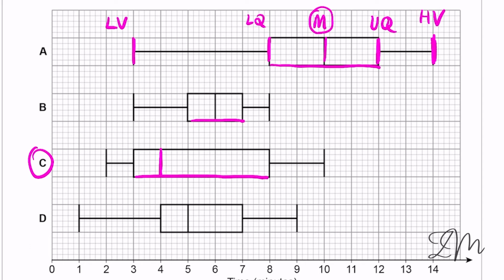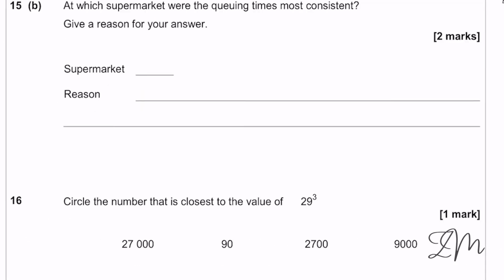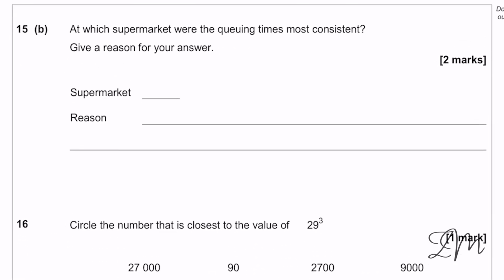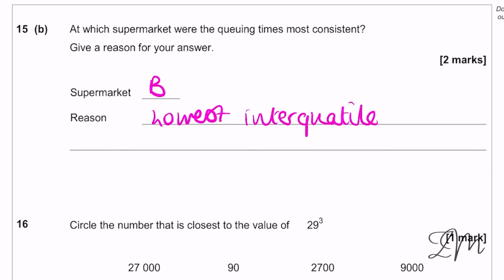So the smaller the range, the more consistent it is. So it's clear to see here that B has the smallest box, so the smallest interquartile range. So that's supermarket B, and that's because it's the lowest interquartile range.